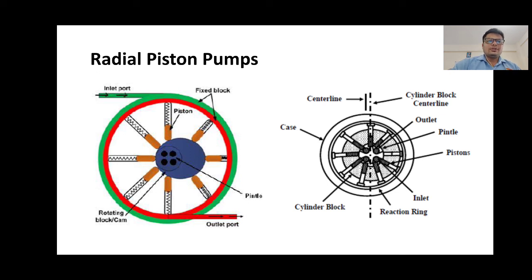Basically, it depends on the eccentricity of the cylinder block with the pintle. And the basic concept is very simple. If the piston is drawn outwards, then the fluid is sucked inside the cylinder, and if the piston is moving inwards, then the fluid will flow out of the cylinder. In this way, the radial piston pump works.